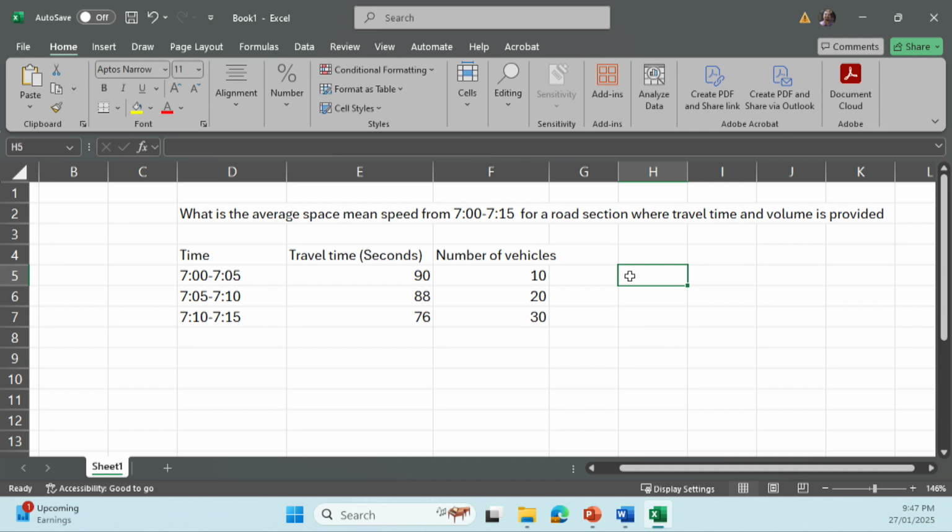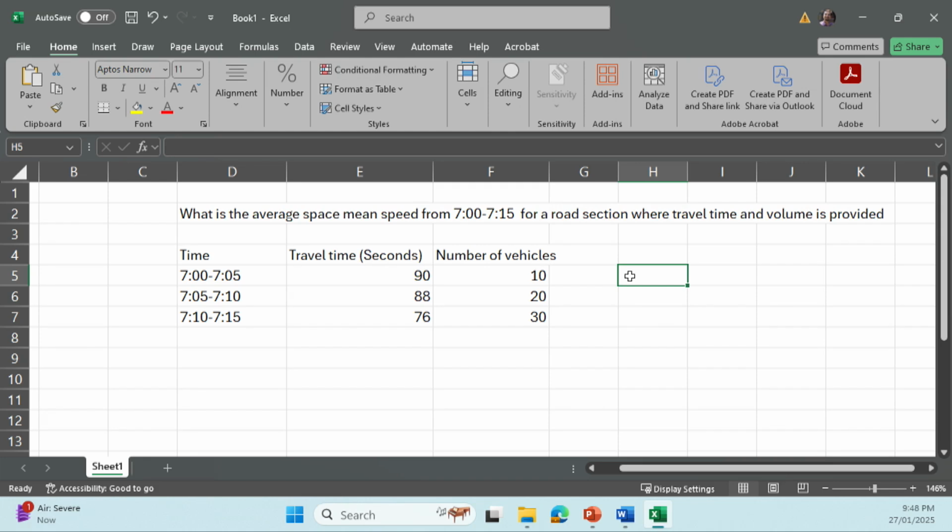Any other answer? Apply the generic definition: speed is the total distance traveled over total time taken. That's what you have to apply here.